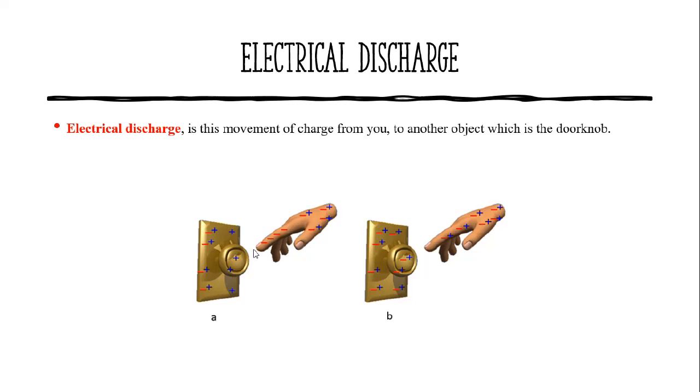Because the negatively charged particles move from the carpet and build up on your body, not just on your feet, but in your body. You feel a shock when negative particles move from the doorknob to your hand. We know that this statement is false. Why is it false?